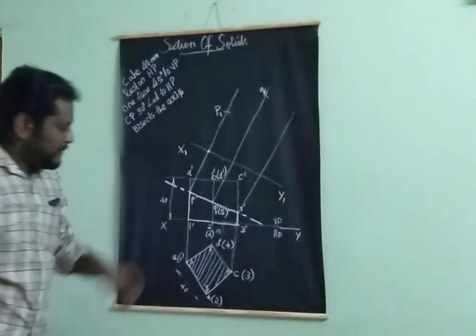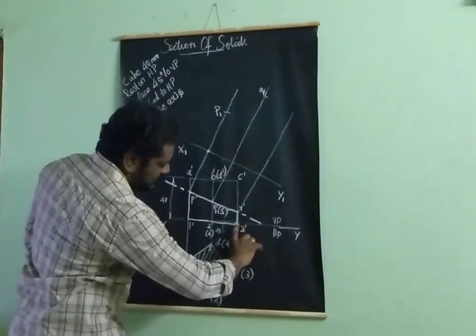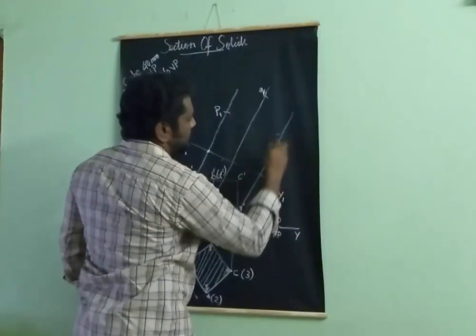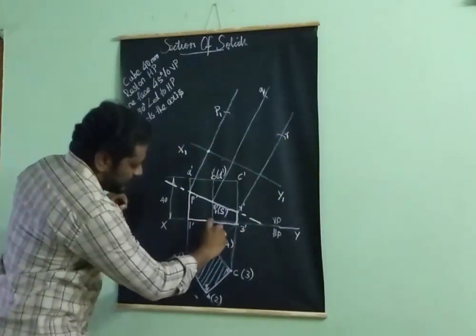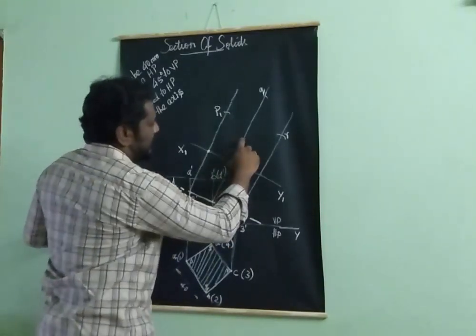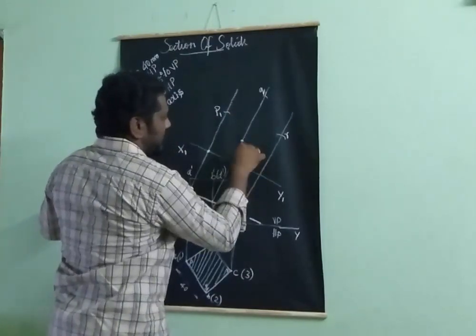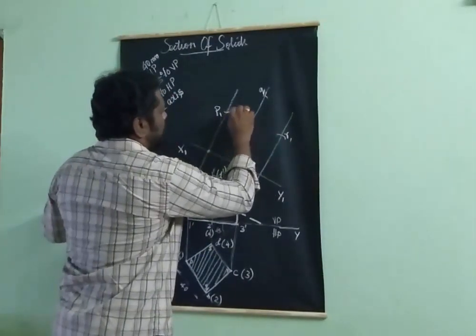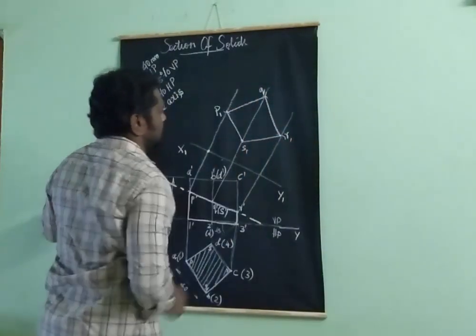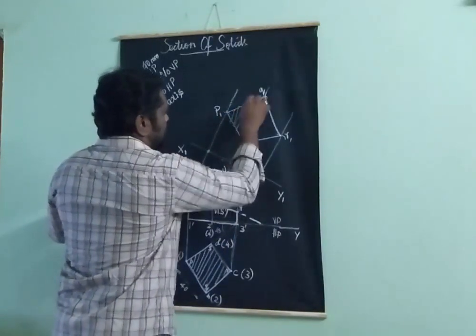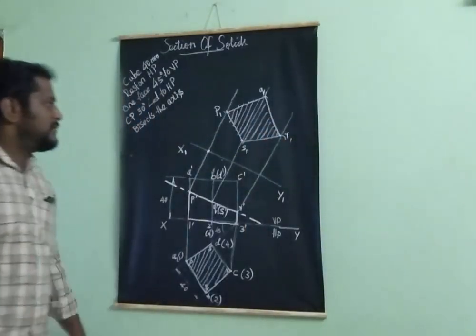Similarly, the point R will come from here. Make this distance, so here it will come, point R1. Similarly, take this distance and from this point cut an arc. This point will be S1. So now join the points PQ, QR, RS, PS. Draw the hatching. Right? That's all. Thank you.